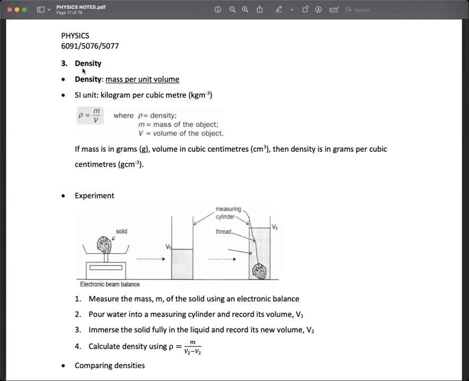Let me give a very common example. The density of water is 1000 kilogram per meter cube. So 1 meter cube of water has a mass of 1000 kg. Is that clear?